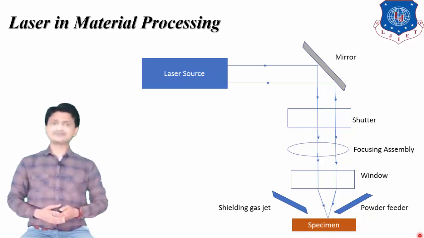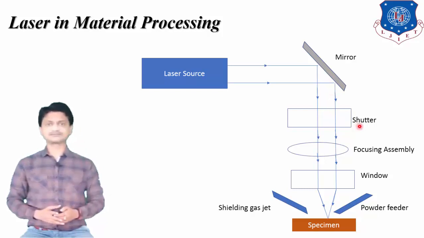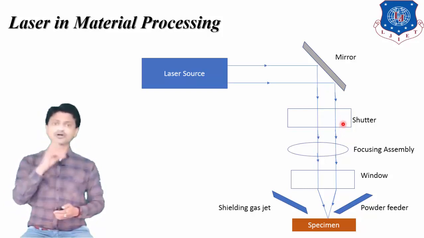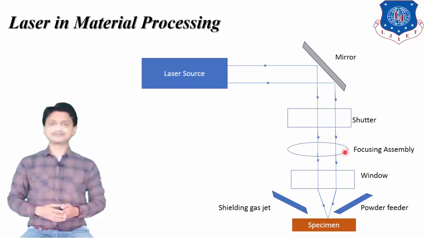When the laser beam produced from the laser source is passed on the mirror, that beam is reflected back and it passes through the shutter, which controls the intensity of the laser beam and allows it to fall on the focusing lens assembly.